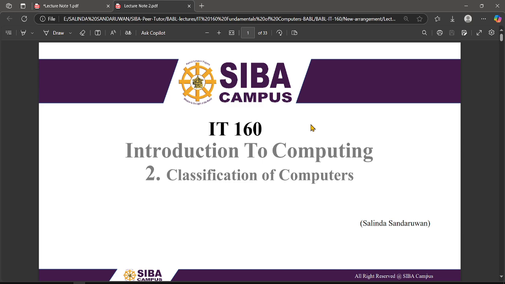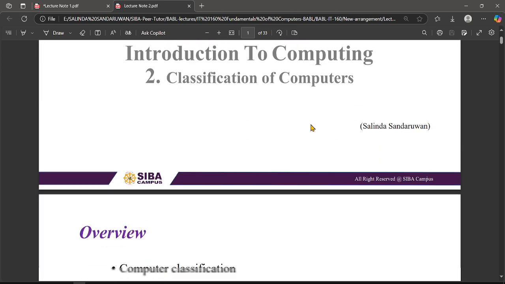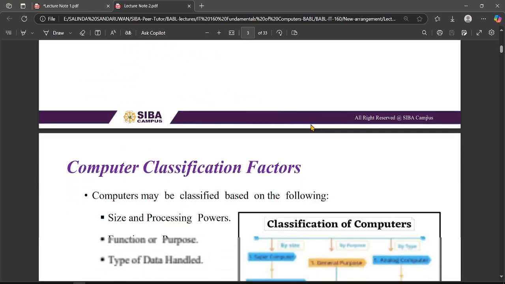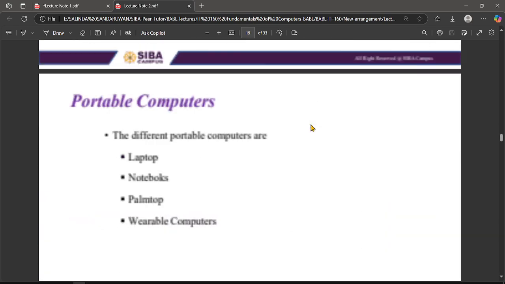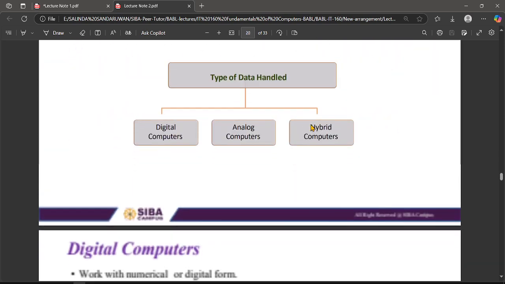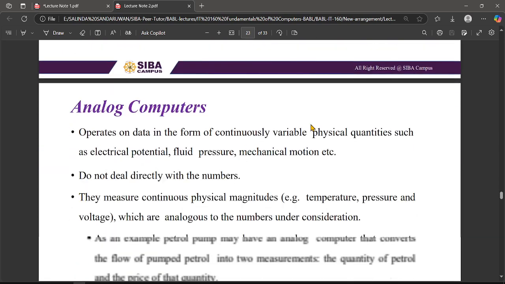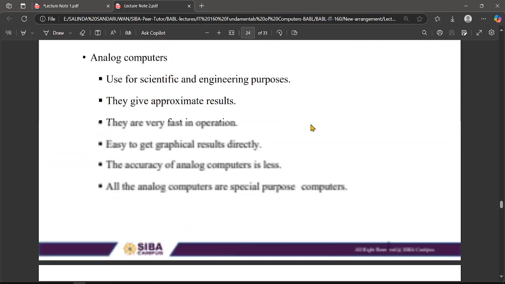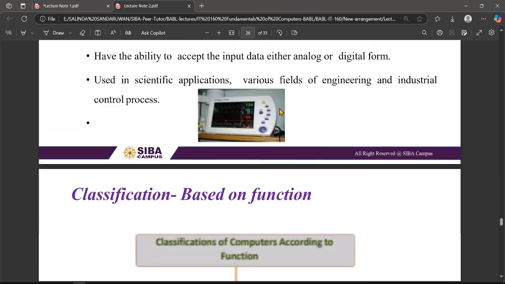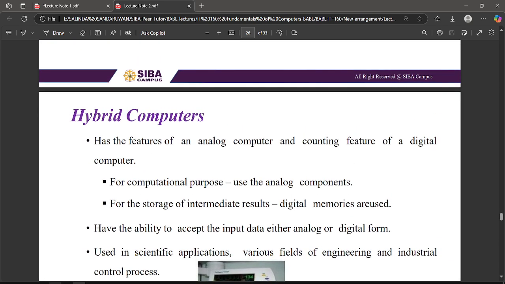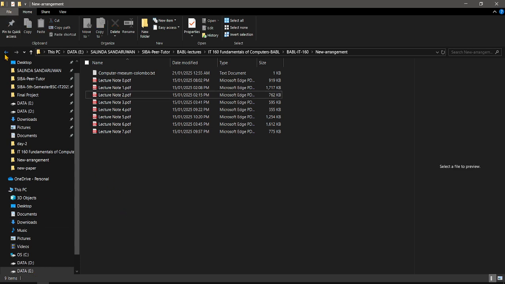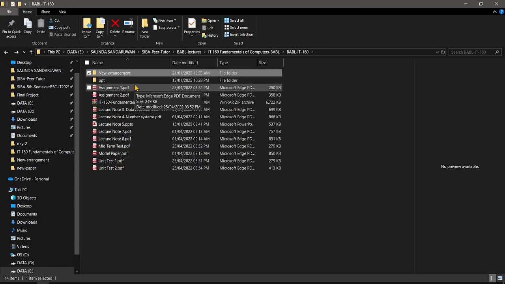In the other lecture we will discuss the classification of computers, right? I think we can do a unit test, since we have completed two parts. We'll see, there's an assignment there.